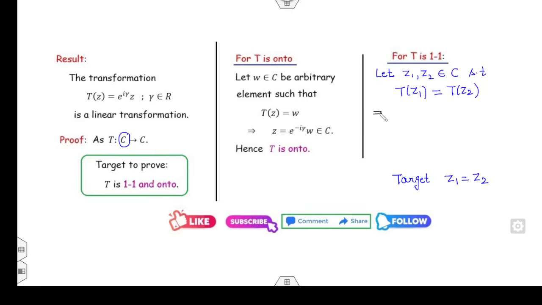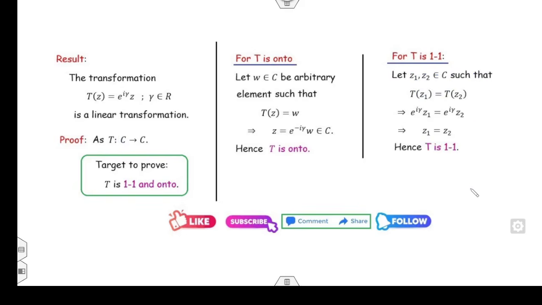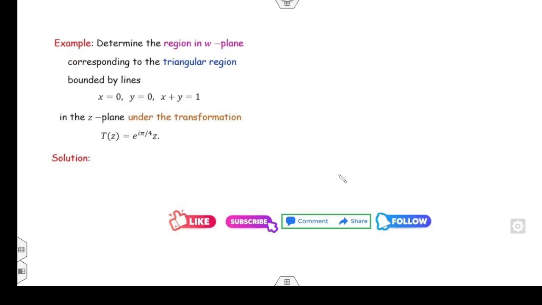I can substitute the values: e raised to power iota gamma of Z1 is equal to e raised to power iota gamma of Z2. E raised to power iota gamma will be cancelled. Therefore, Z1 is equal to Z2. Hence, T is one-one. So once T is onto and T is one-one, this implies T is a linear transform.